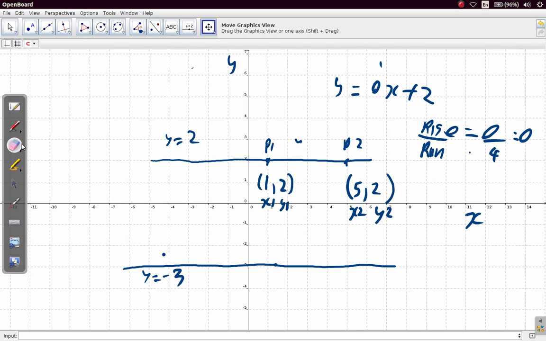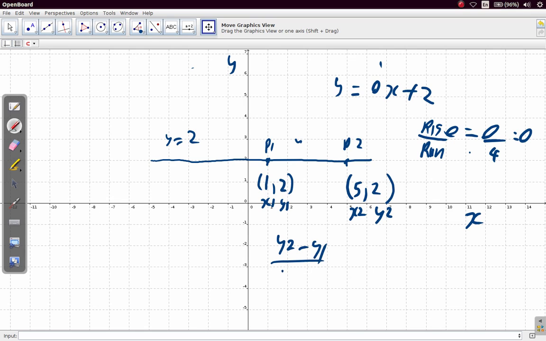Now, if you apply the formula y2 minus y1 over x2 minus x1, it doesn't matter if you start with 1 and say y1 minus y2 over x1 minus x2, same answer you get.